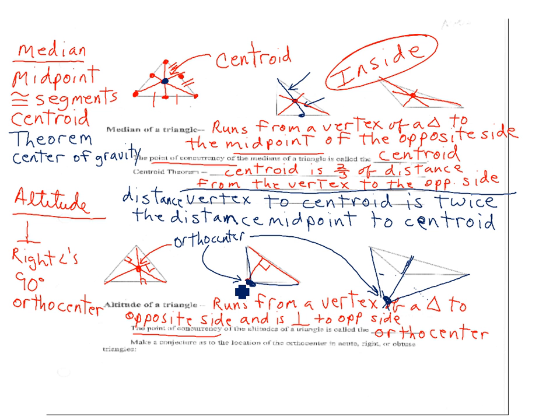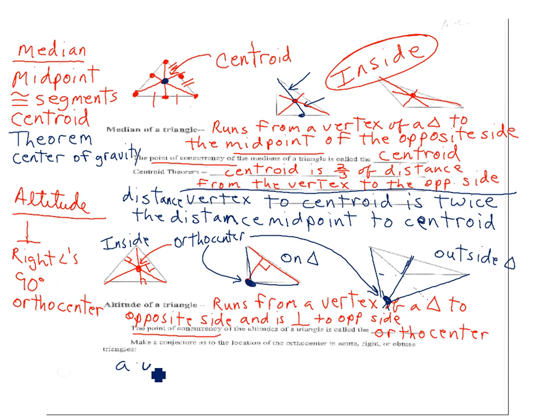So the orthocenter and the altitudes are inside here for an acute triangle, on the triangle for a right triangle, and outside the triangle for an obtuse triangle. And that's what they're asking you to do down here. It says make a conjecture on the location of the orthocenter for each kind of triangle.